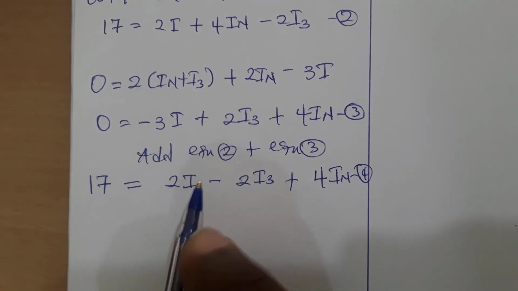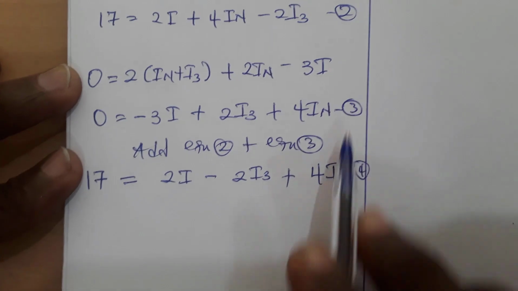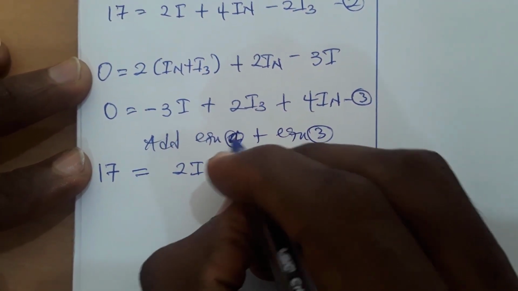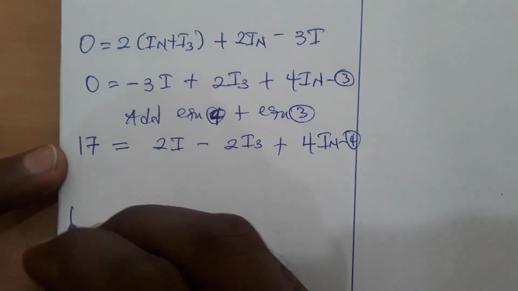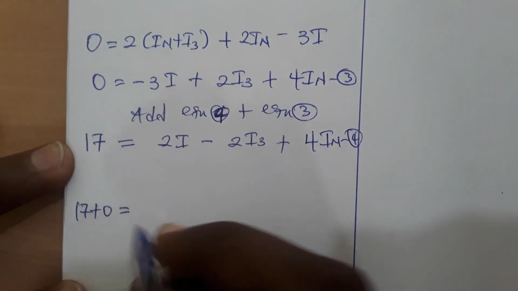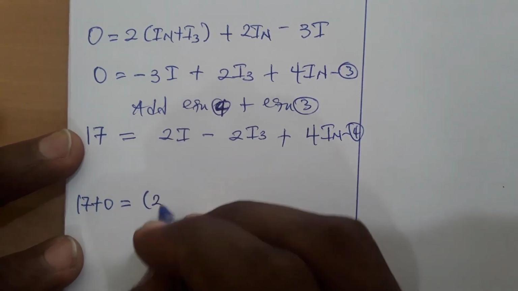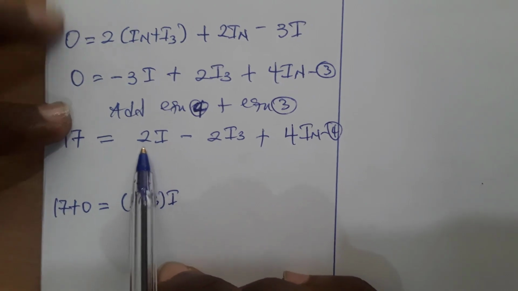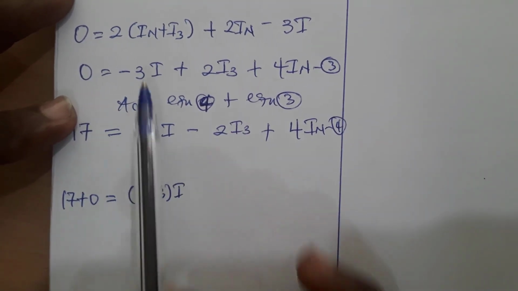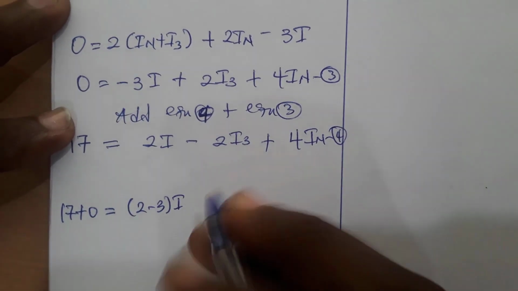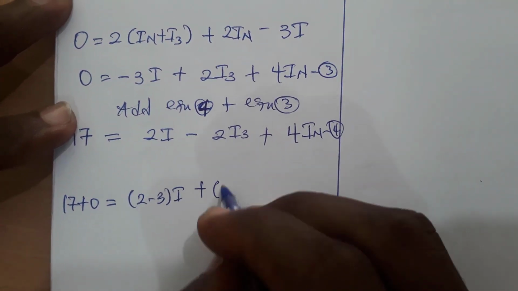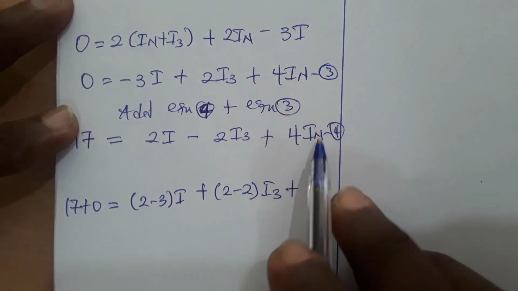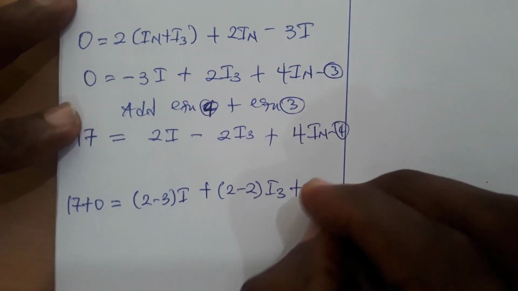If I add equation 3 and equation 4 right now, I should get 17 plus 0, which is equal to 2 minus 3I, because we have 2 here and we have 3 over here, so it will be 2 minus 3, plus 2I3 minus 2I3, plus we have 4IN here and 4IN, which will be 8IN.